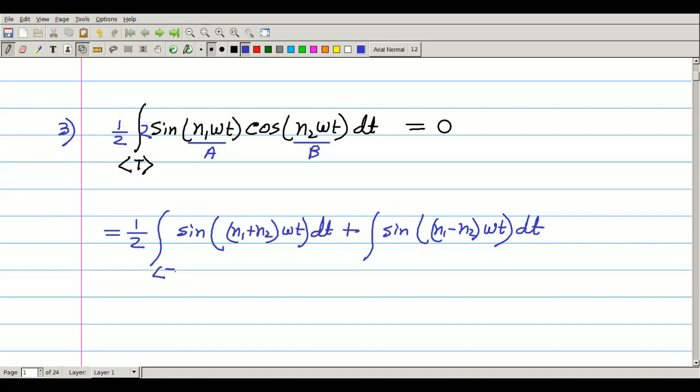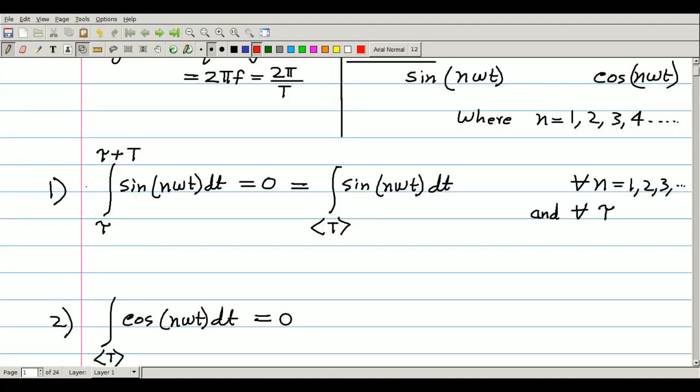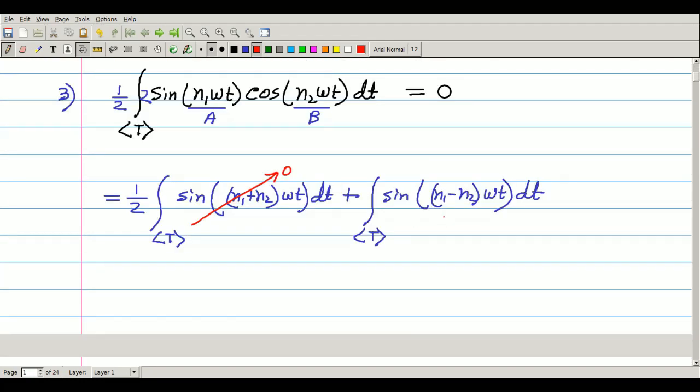Like this, and then the result of this integration will be 0. That is by virtue of fact number 1, and in the same way the second term will also be 0.